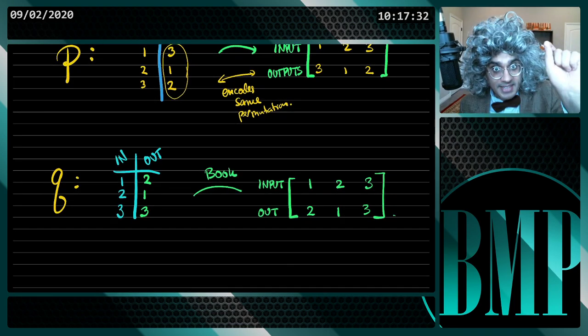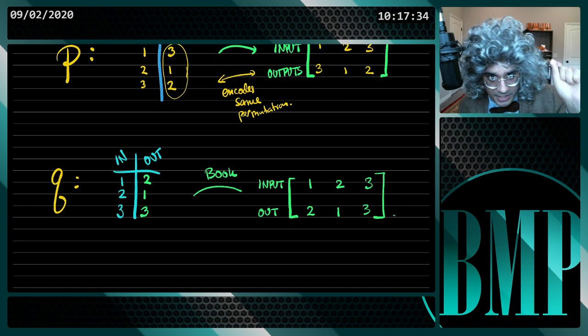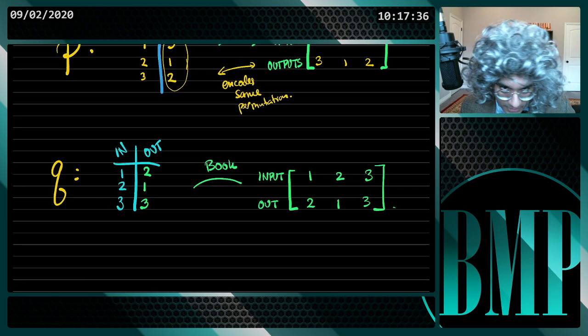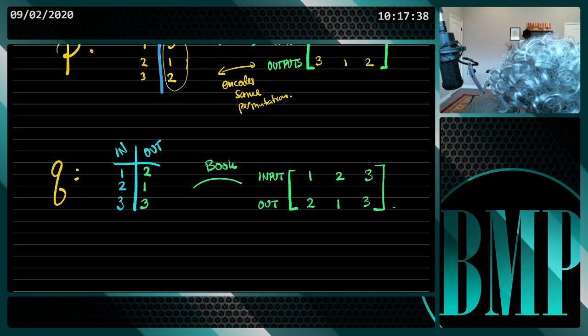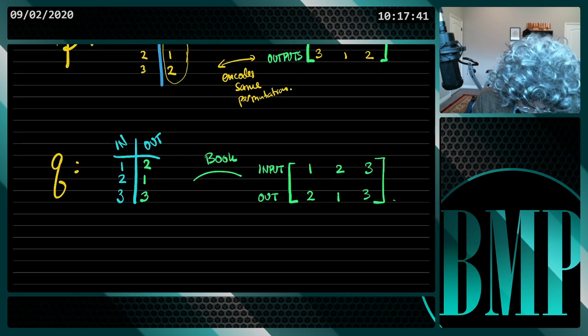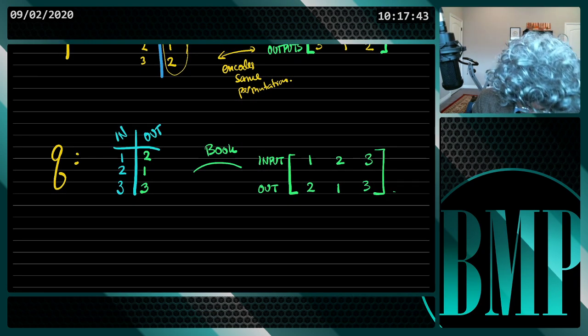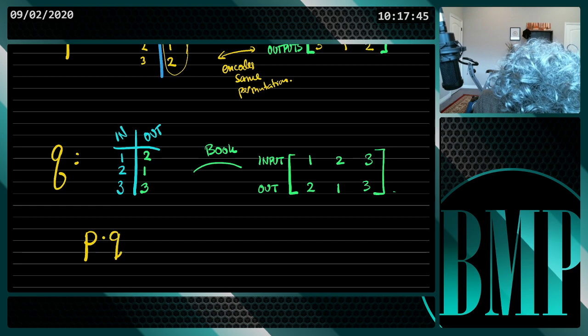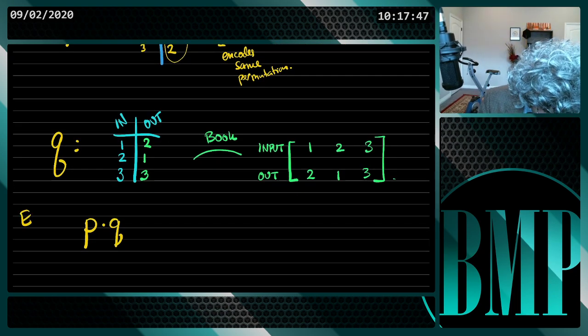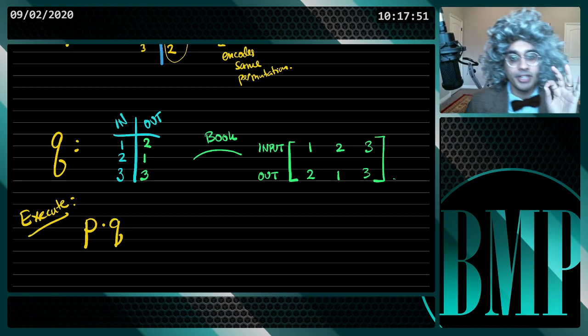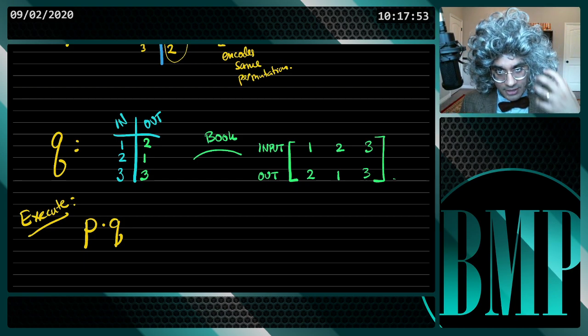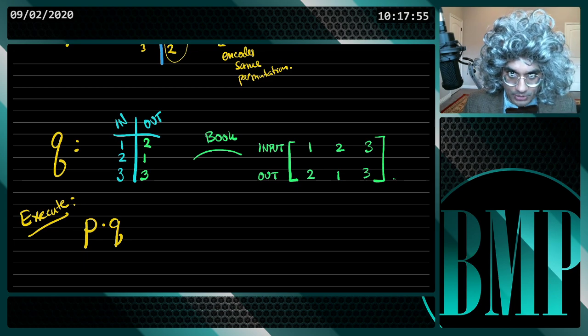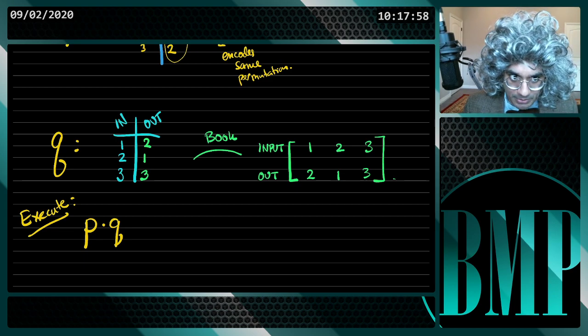Okay, pay attention, class. After you're watching this on YouTube, when I put it on YouTube, pay attention. We are now going to execute P times Q, according to our convention that we are establishing right now and in line with the book.